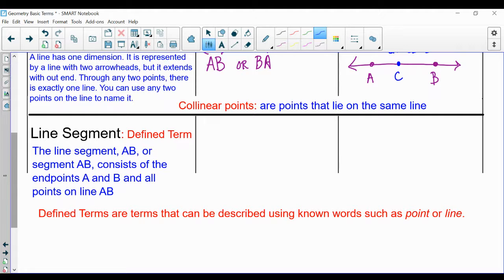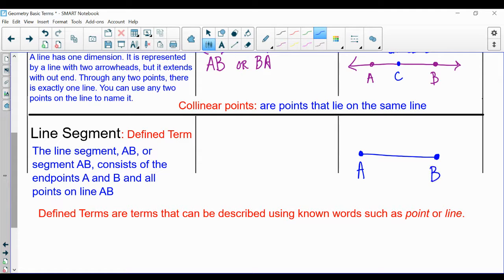Now the line segment is part of the line. So it's a segment in time. It has a beginning, and then it goes on, and it has an end. This one's called AB.